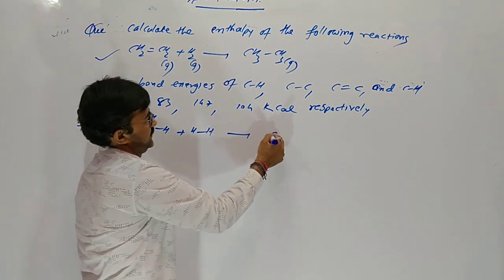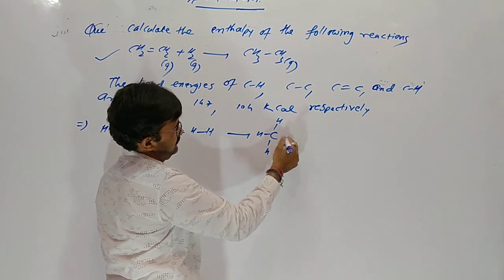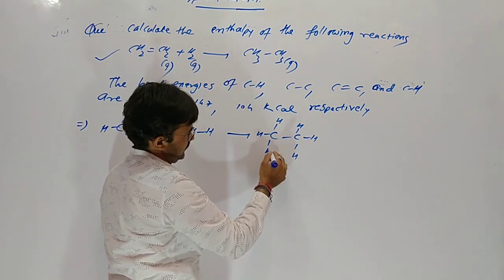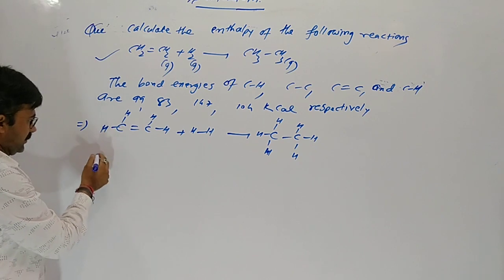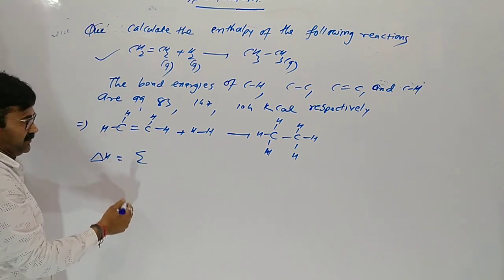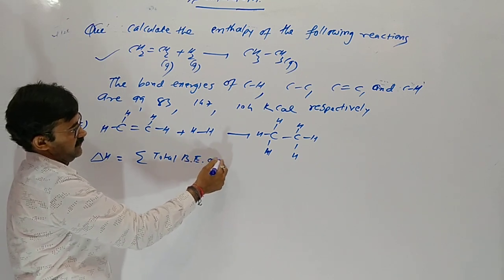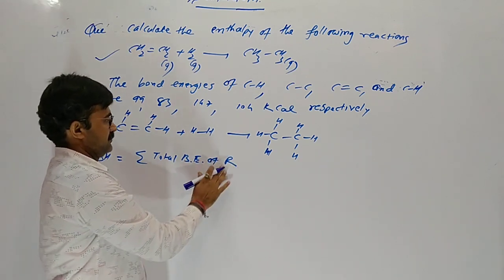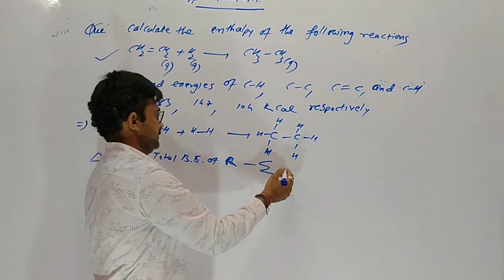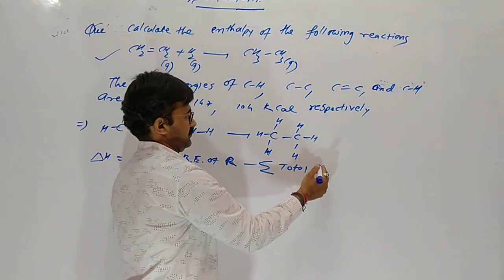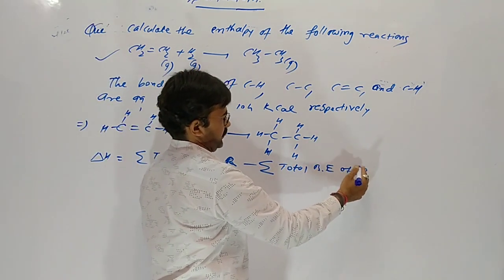Here H-H gives CH3 and CH3. Now find out total number of bonds. Delta H is equal to sigma total bond energy of reactant minus total bond energy of products.